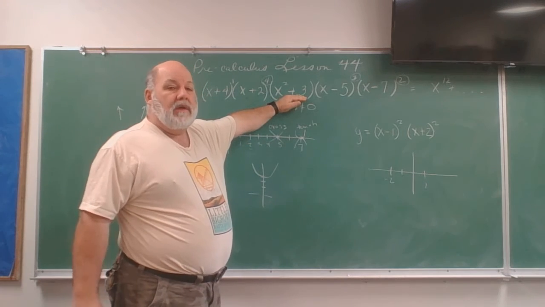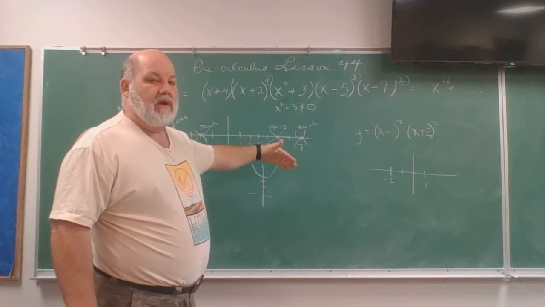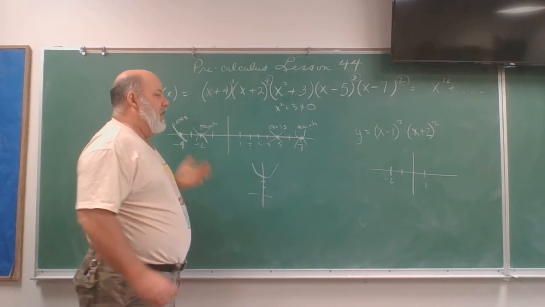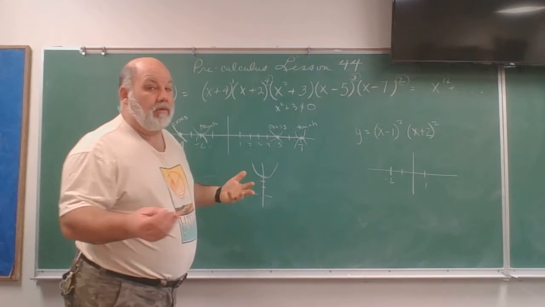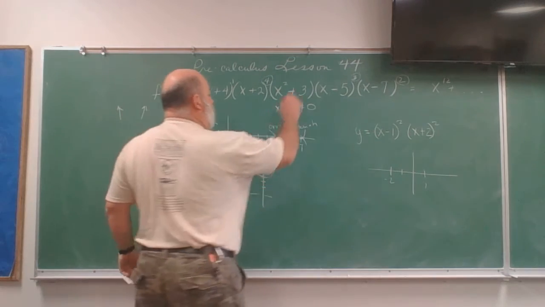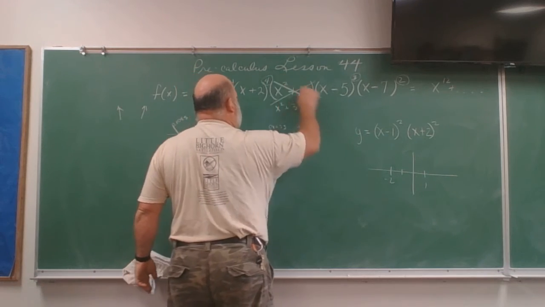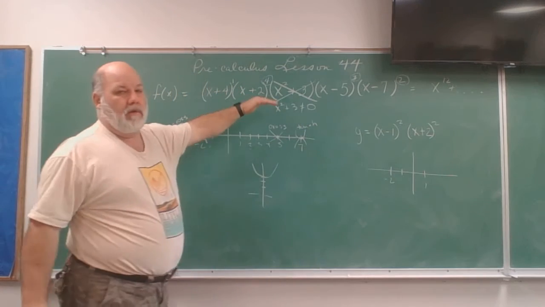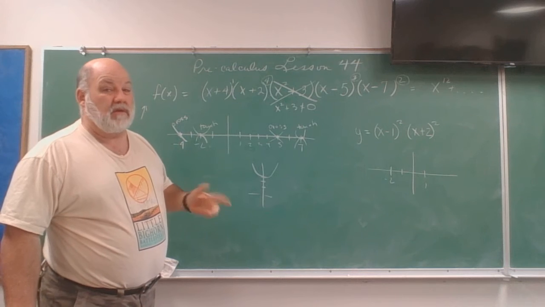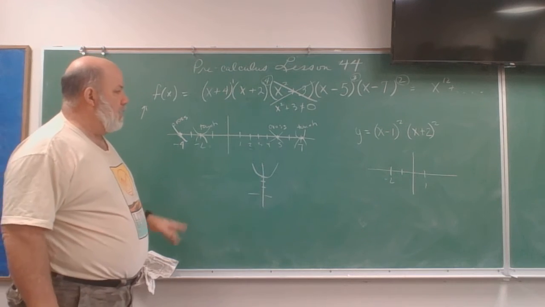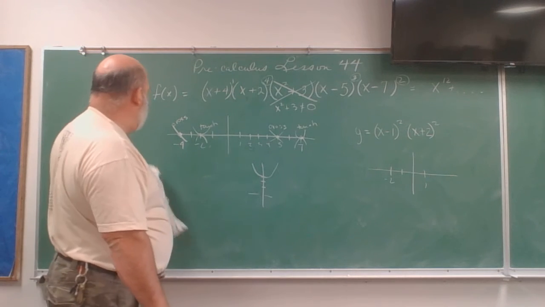This right here does not cause your graph to touch the x-axis at all. In this question, where they're asking does it touch or not, we can pretty much just ignore that whole quantity. It's kind of irrelevant to the question. So that's all they're asking you in the first one.